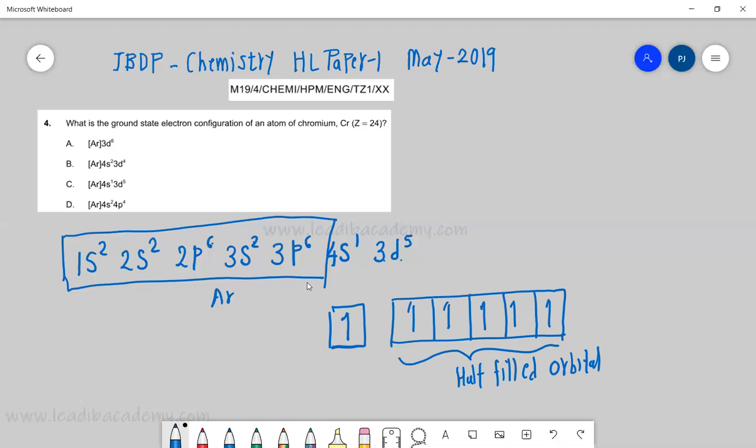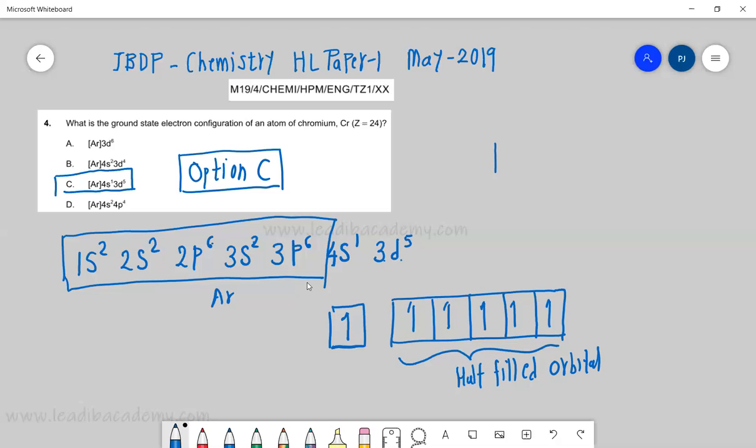Very simple. So the clear-cut option in this case is option C. So the answer is option C. Extremely simple. You don't need to remember anything. The only thing is that you should be aware that half-filled orbitals are more stable than not completely filled ones.